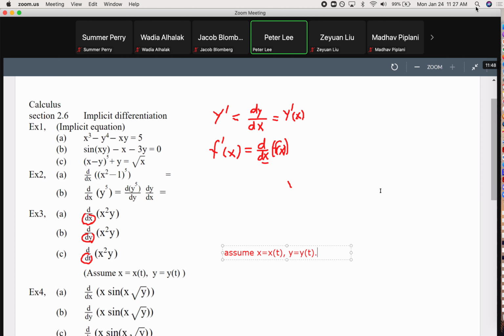So this prime notation is not clear. Once again, when you write this and then use prime here, the question is whether this prime notation means d/dx or d/dy. The prime notation is concise, but it will now be unclear. This is dx, and that will be a question mark.